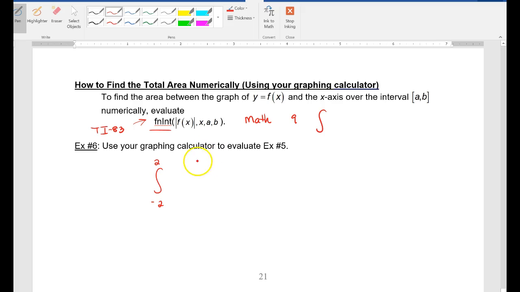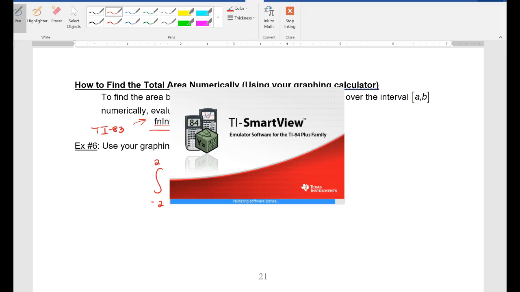But then you want to go to your absolute value. I'll show you one here.